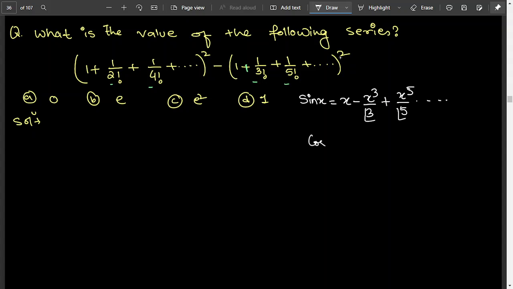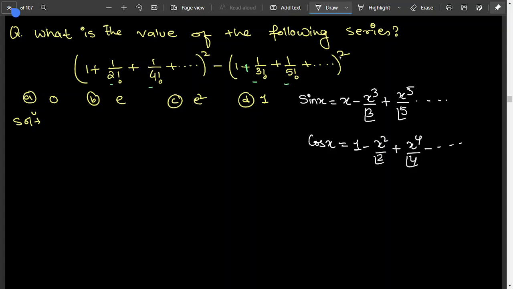Similarly, for cos x we will get 1 minus x square upon 2 factorial. We get the even terms plus x4 upon 4 factorial and so on.